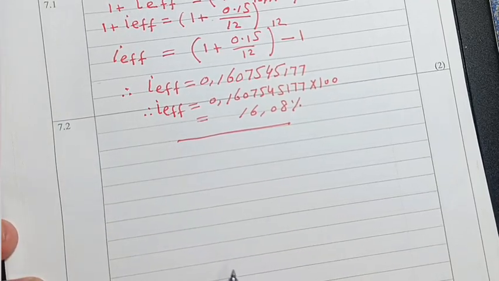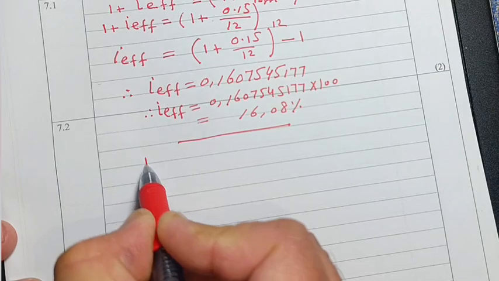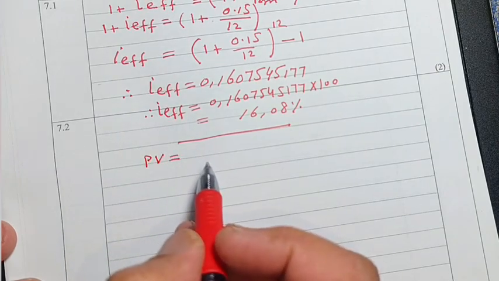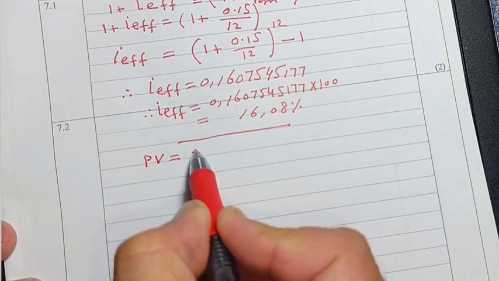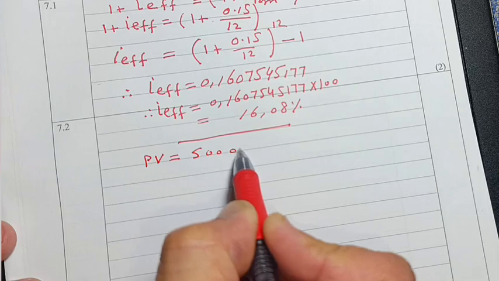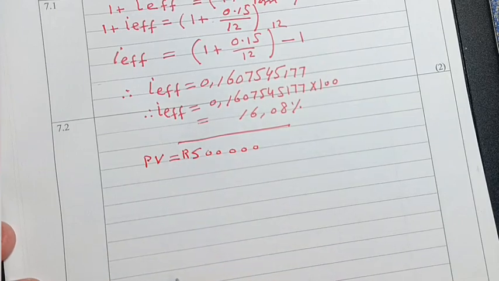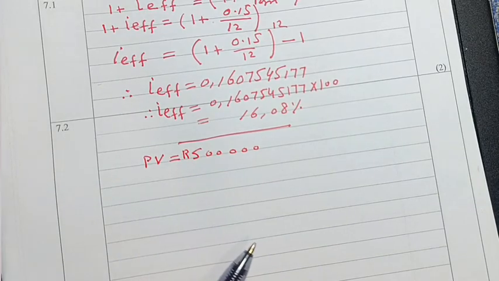So the present value which we have is 500,000, that is Tino's present value, which he lent to the bank.